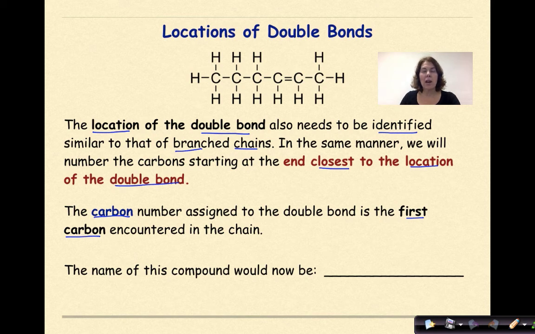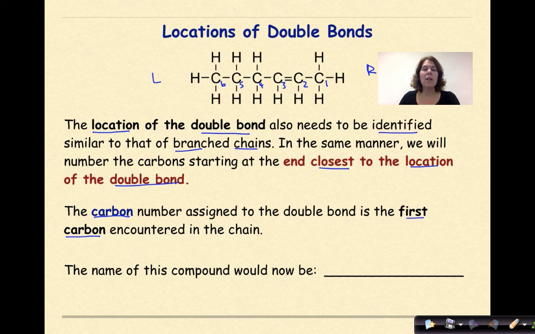So let's look at our molecule. We need to ask ourselves, if this is my left and this is my right, what end should we start counting from? And we need to take into account that our double bond needs to have the lowest possible numbers associated with it. That means I'm going to start counting from the right. So this would be carbon 1, 2, 3, 4, 5, 6, which reaffirms that we are dealing with 6 carbons, so it is going to be hex.